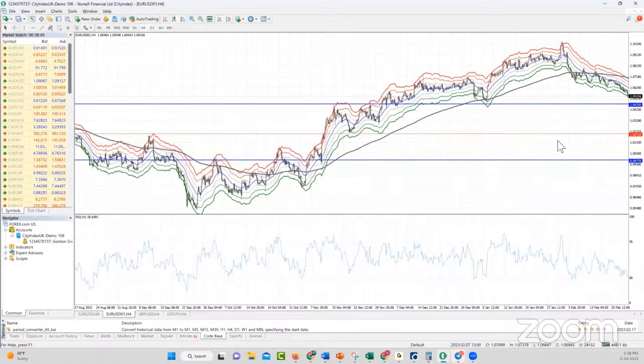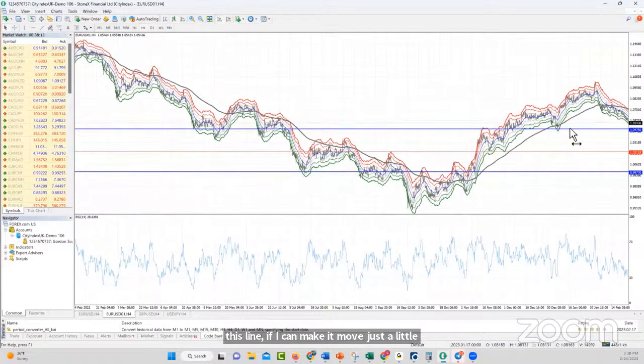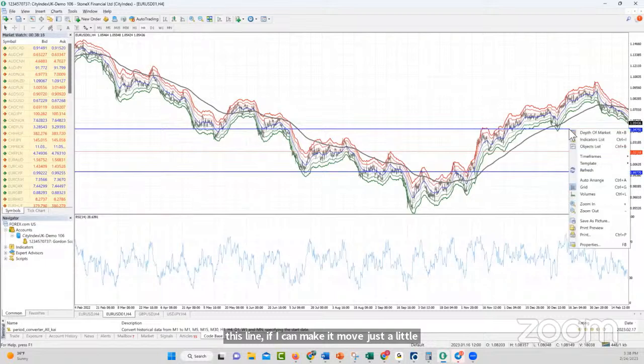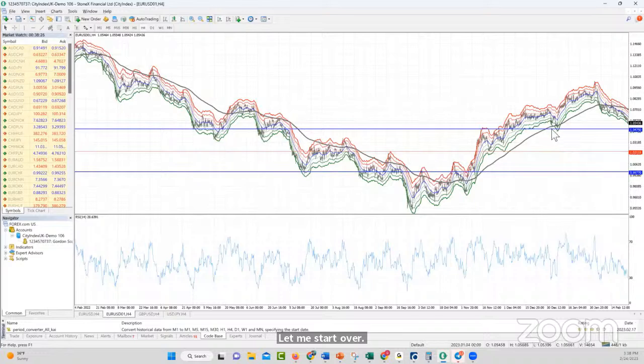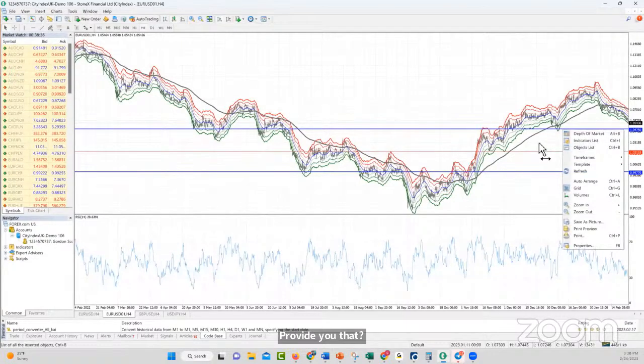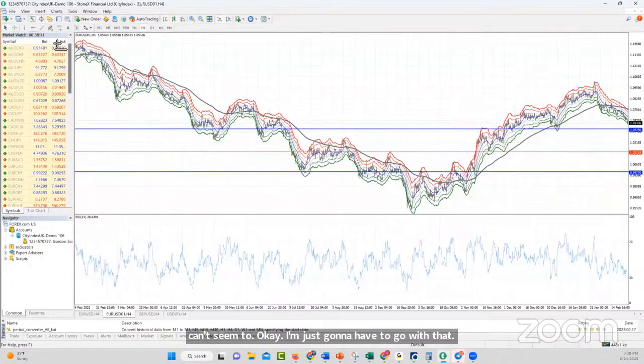Well, what I'm trying to get to here is, do you see how this line, if I can make it move just a little lower, that's what I want to do. I'm just going to have to go with that. You draw this line, I'll draw a second one underneath it. There we go.